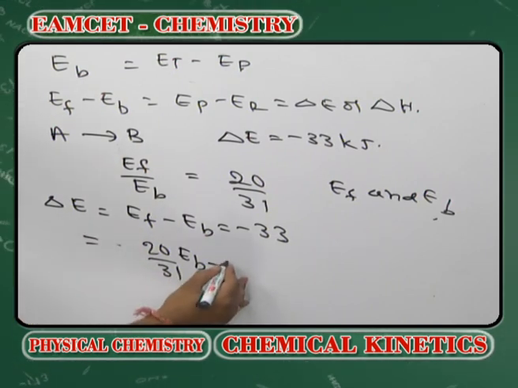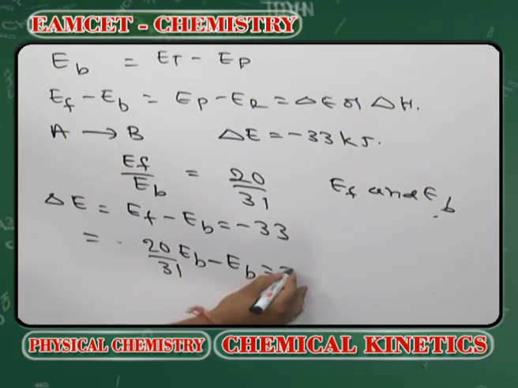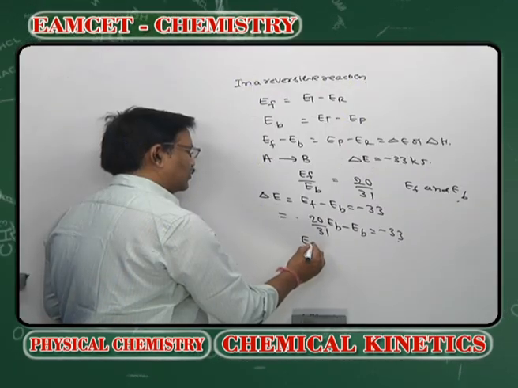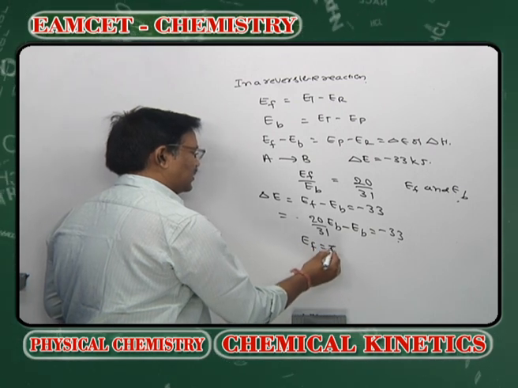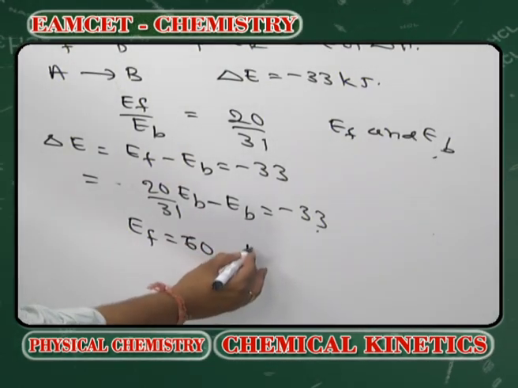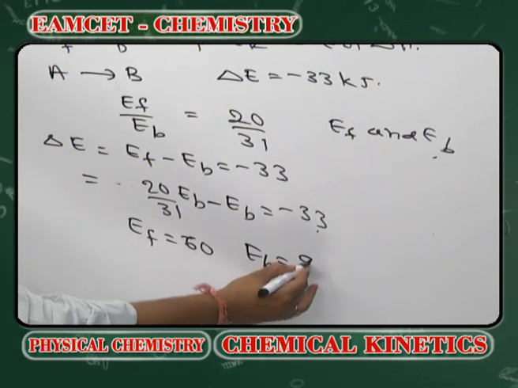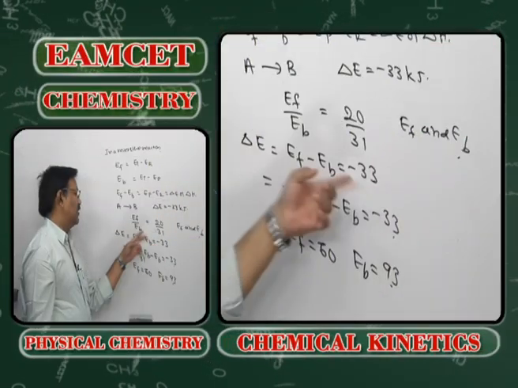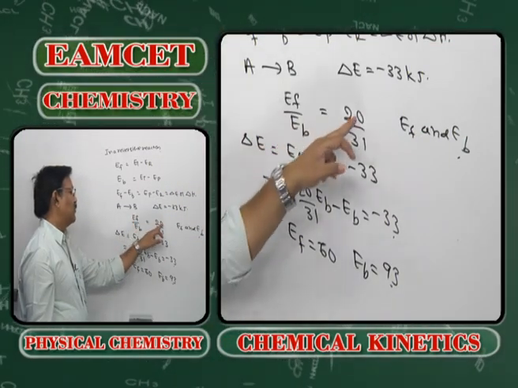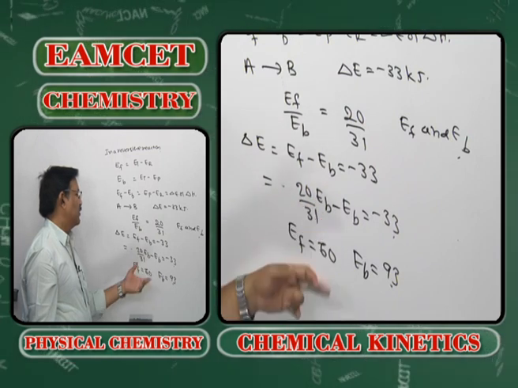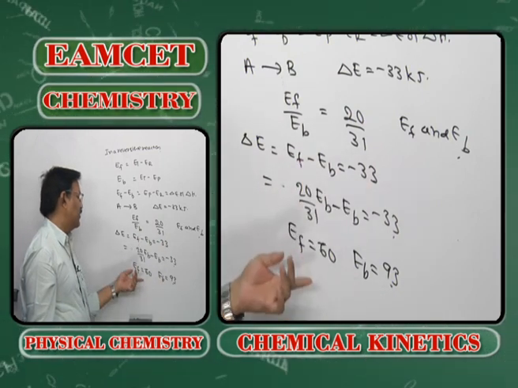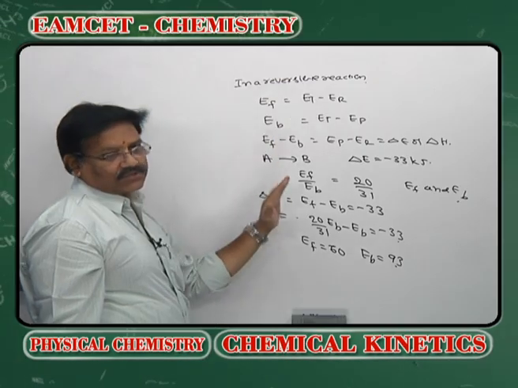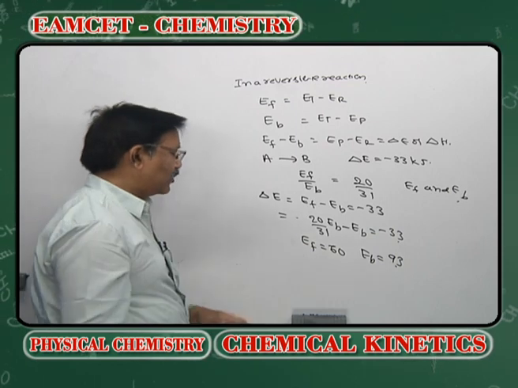What is the EF value? 20 by 31 into EB. So EF minus EB equals minus 33. Solving this, we get the EF value as 60 and the EB value as 93. This is also a very important model.